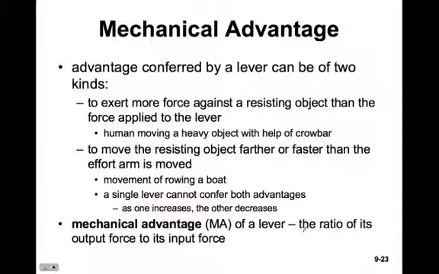In the first example, if we're using a crowbar to move a heavy object, we're able to exert a greater force against the object by using this lever in order to move it. In the second example, we're moving the object further and faster. For example, by using oars to row a boat. They rotate around a fulcrum, and thus we're able to propel the boat more quickly.